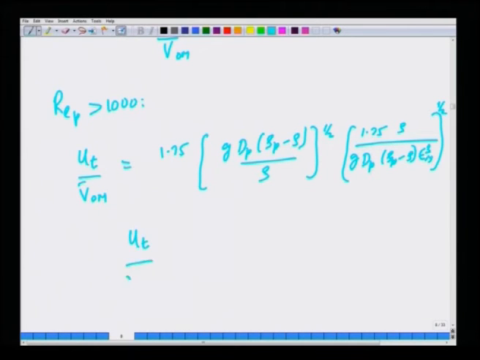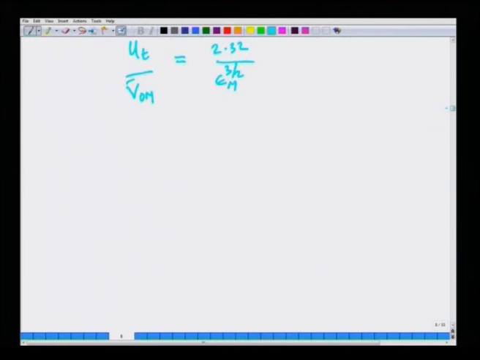So ut by V0m is equal to 2.32 divided by epsilon m to the power 3 halves. If you put epsilon m as 0.45, you will get ut by V0m for the turbulent regime as just 7.7.